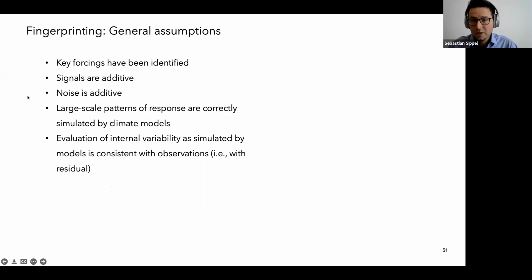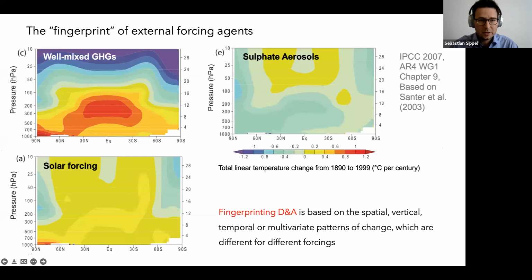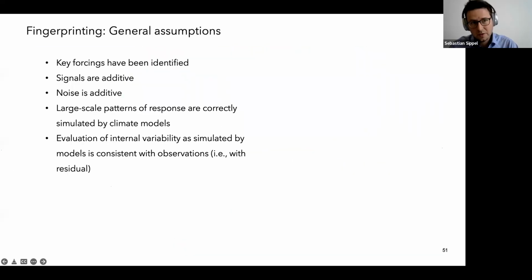That's very much going back to what we discussed yesterday about the forced response conceptual model plus the internal variability imposed on it. We also have to assume that these large-scale patterns of response, the fingerprints, are correctly simulated by the climate models.